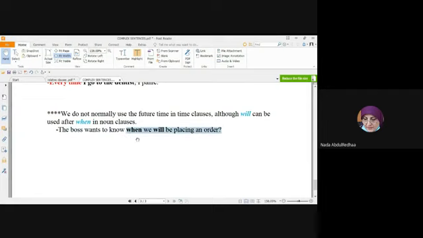If you look at it carefully, let us classify the words in this sentence. The boss, this is the subject; wants, this is the verb; wants to know, we discuss what the meaning is. When we will be placing an order.